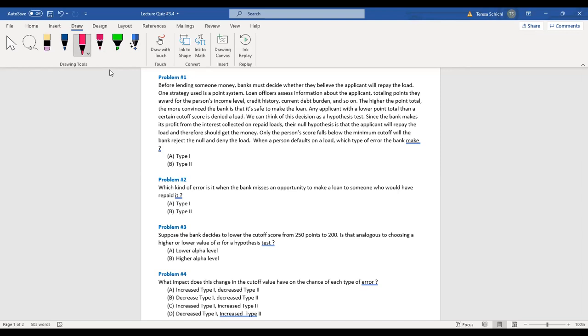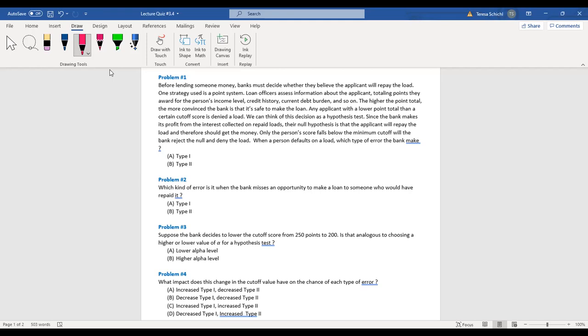Only a person whose score falls below the minimum cutoff point will be rejected by the bank. If they fall below the cutoff point, then the bank will reject the null hypothesis and deny the loan, right? So when a person defaults on a loan, which type of error does the bank make?